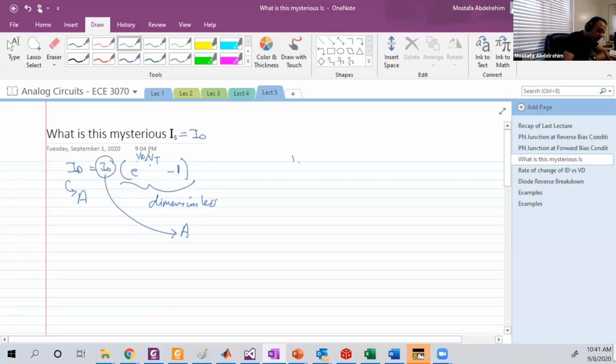So I naught is actually a function of the geometry of the diode or the junction, the doping of the two sides, P and N, and the temperature as usual. What else? It has many things.